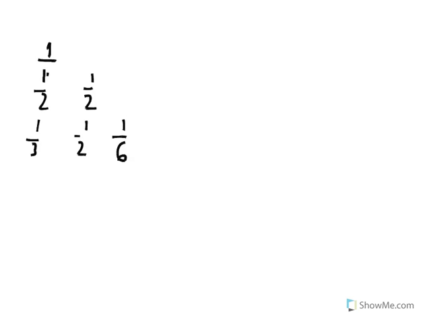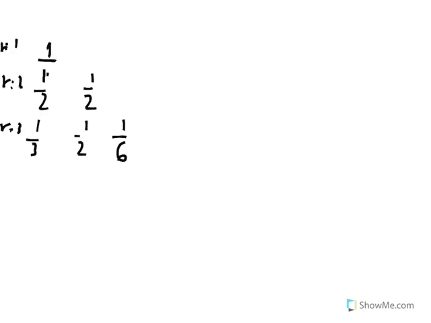I'll call this row 1, row 2, row 3. Row 3 is the formula for sum of squares, but it is the third row of this thing. And I want to show you a tricky way, or a fast way, of getting the next row, and then any other row that you want.